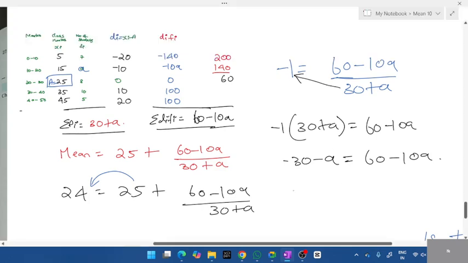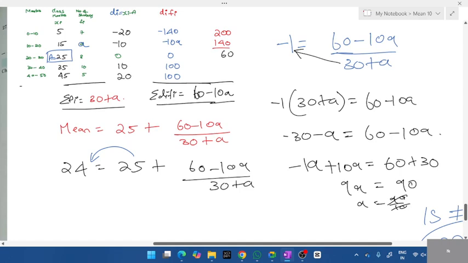Keep the number, keep alphabet as it is. Shall I write minus A plus 10A? 60 minus 30 goes that side becomes plus. Very good. Next, how much is A equals to? Very good. A is equals to 10.